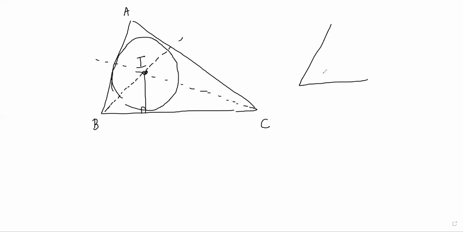We know that if you are on an angle bisector, the perpendicular distance to this side will be equal to this distance because of congruency. So if you draw two angle bisectors, then the point of intersection will be equidistant from all three sides. So nothing new here.